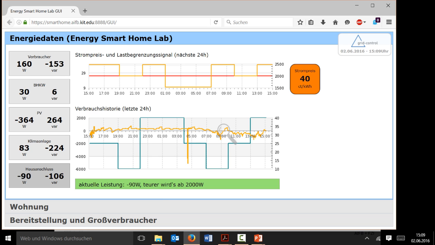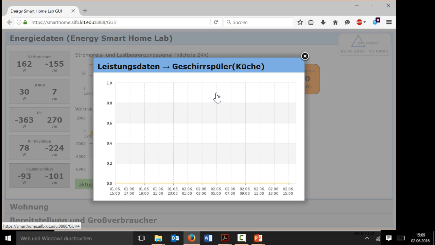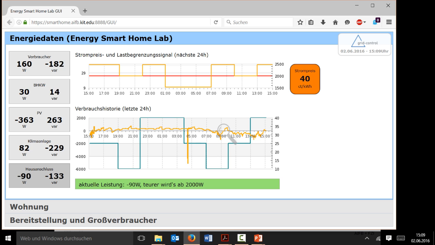We could look at the washing machine. Nothing was there. So for all the devices, we can provide the information on how much they have been used in the past. It means we are measuring the usage of every device, which is quite some measurement demand.